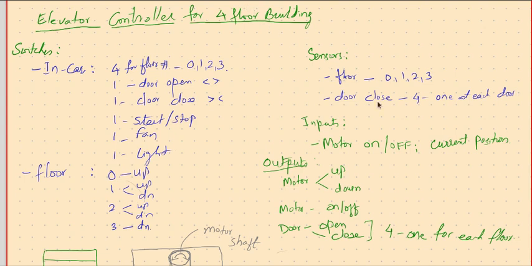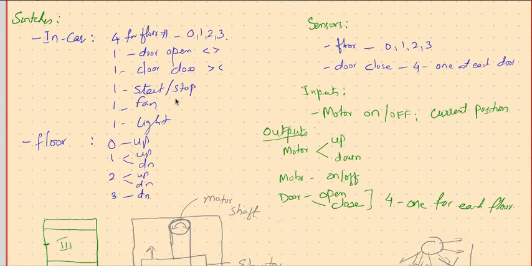We are designing a four-story building elevator. In our first lecture of this series, we have seen the basics, what all switches are available. So we have four floors: ground floor, first floor, second floor, third floor, called 0, 1, 2, 3 respectively.